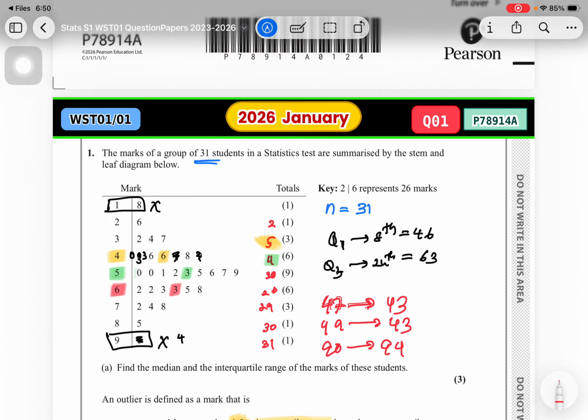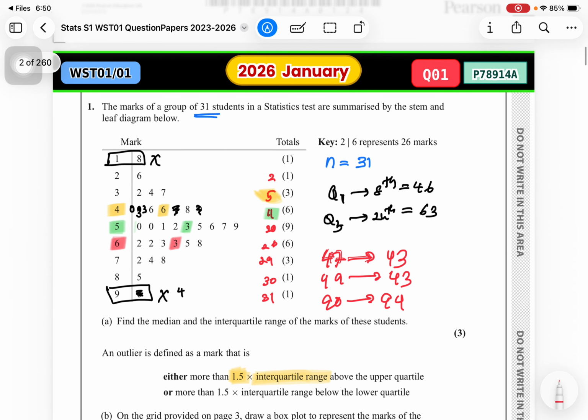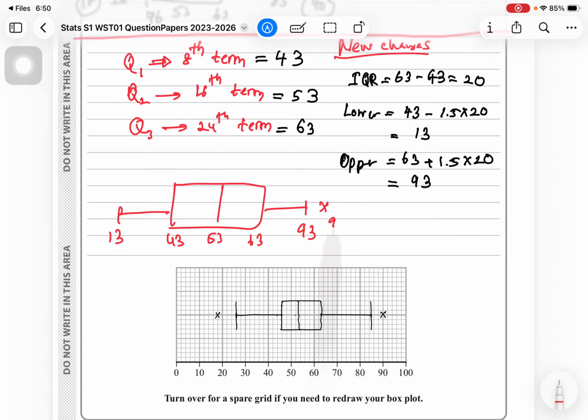So no longer is 18 an outlier, so we need not mark it. But if you think about the upper corner, where we had the outlier at 90, now it's 94. That outlier is there anyway, because it's just going up to 95. So this is our new box plot.